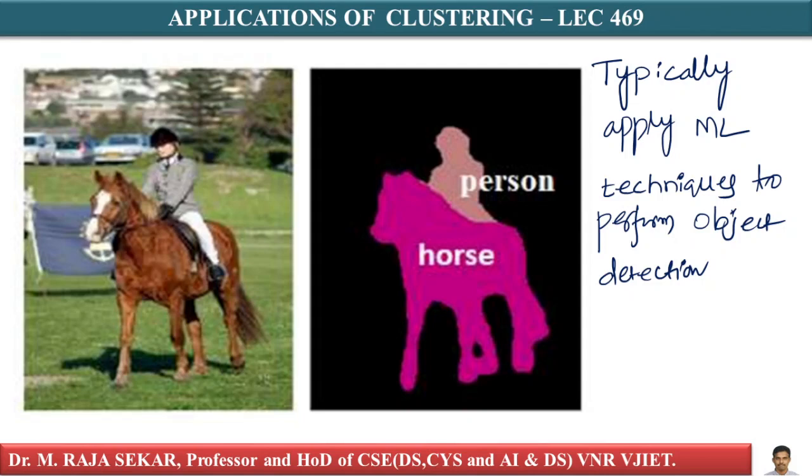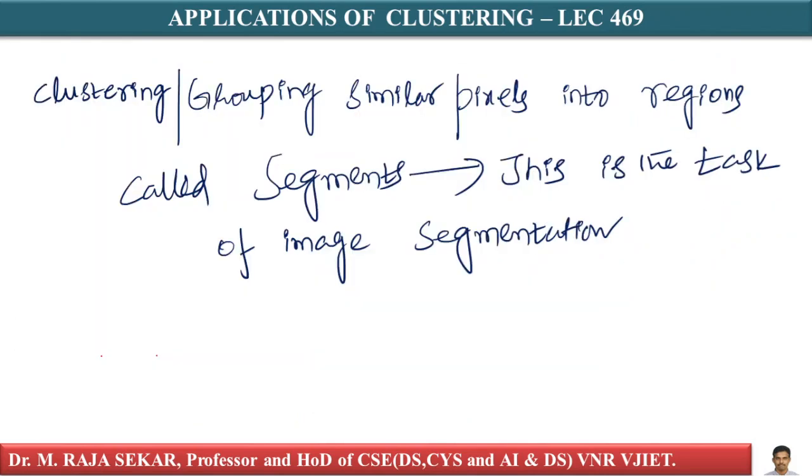Image segmentation is a very important and very interesting problem in processing images, which is a core task of computer vision and image processing. You are clustering or grouping similar pixels into regions called segments. That's the task of image segmentation.